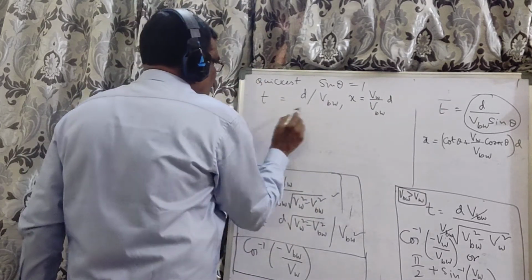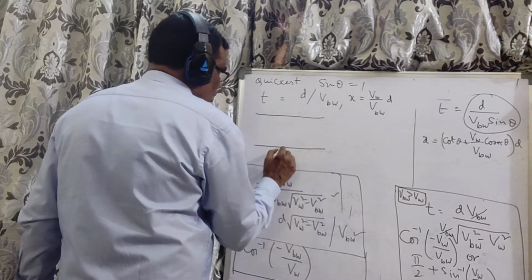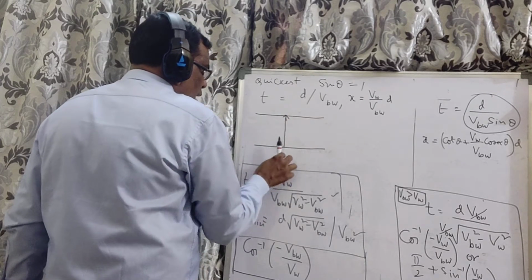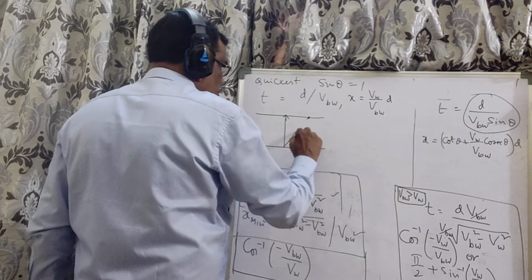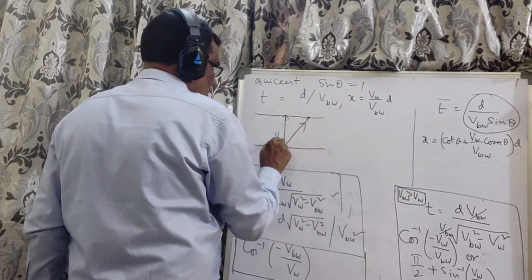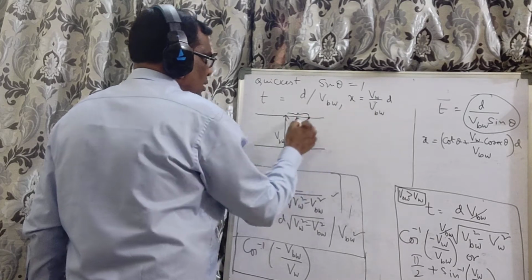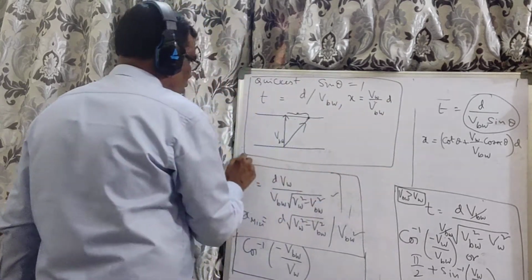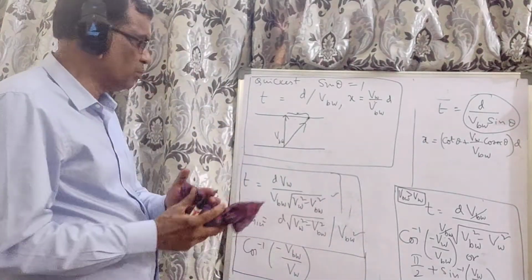This is the equation. I'll give you the diagram also here. Now this boat moves like this, starts like this but reaches here. So this is VBW and this is the drift. So I've given you all the three possible scenarios here.